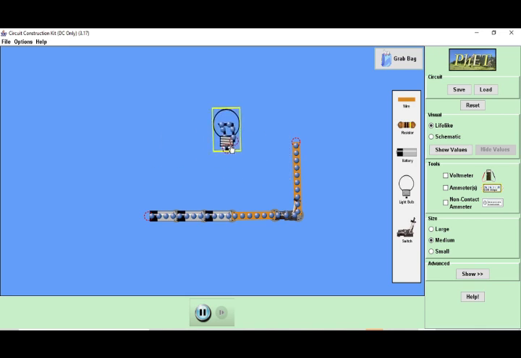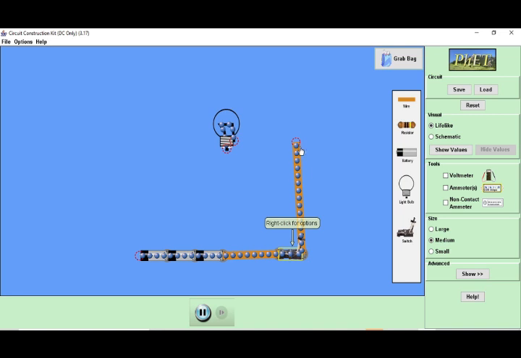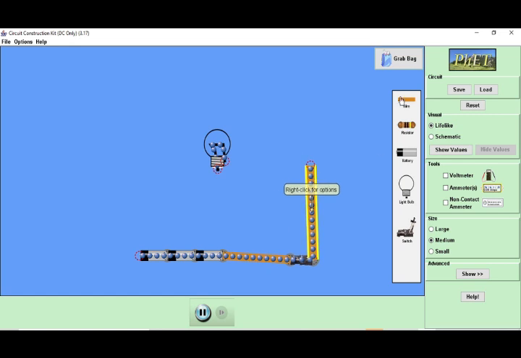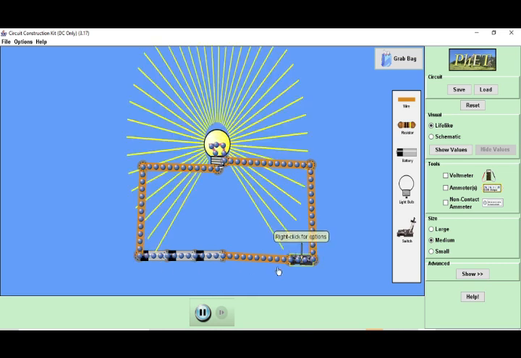Now, for parallel connection, unlike series, where there is only one path for the electrons to flow, for parallel connections you have different paths for the electrons to flow along the circuit. So this is how we are constructing a parallel connection.